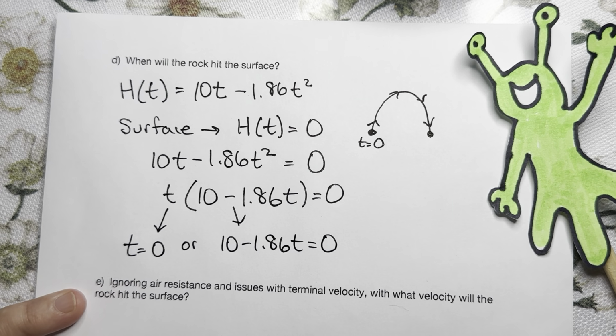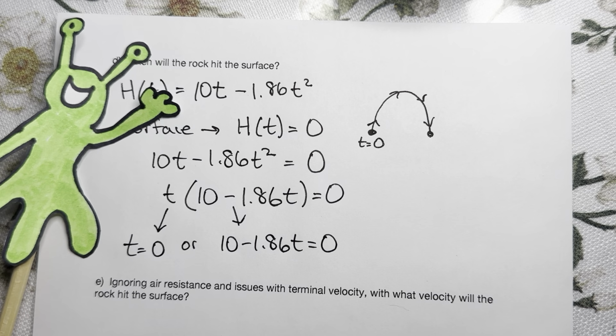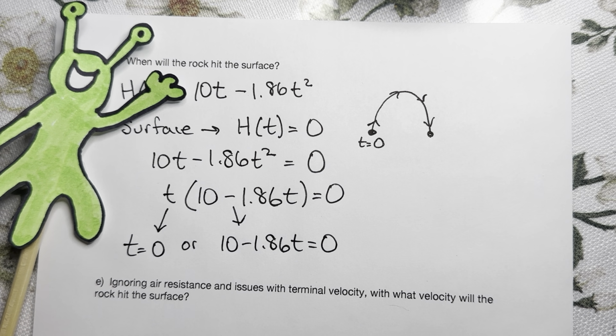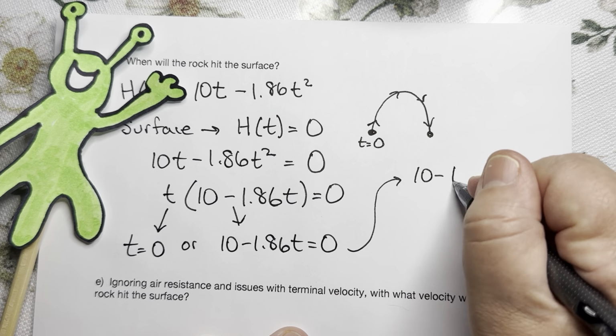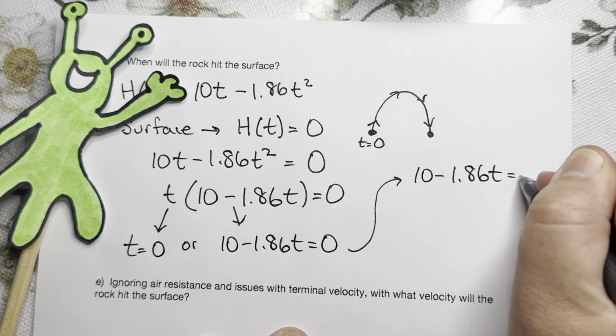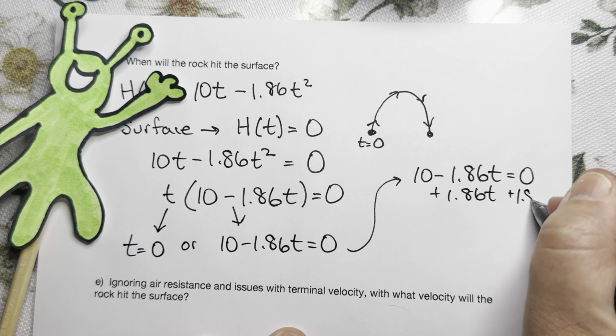Okay, so that means we're actually going to have to solve something. So I'm going to move my Martian friend out of the way so he doesn't get injured. We want to protect the innocent when it comes to math. And I'm going to go ahead and solve 10 minus 1.86t equals 0. I'm going to add 1.86t to both sides.